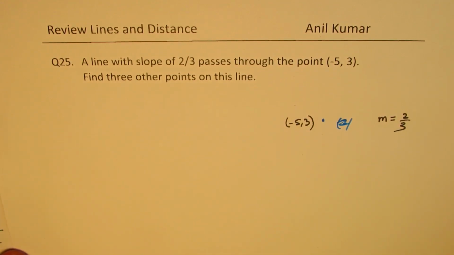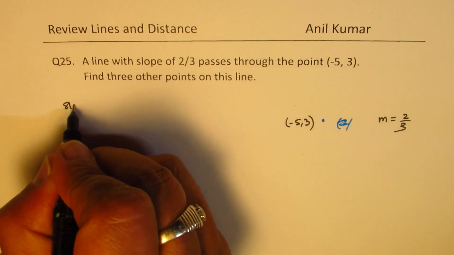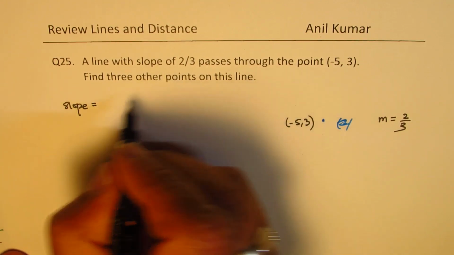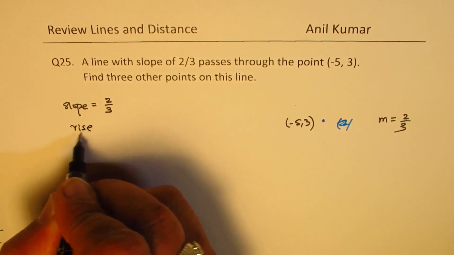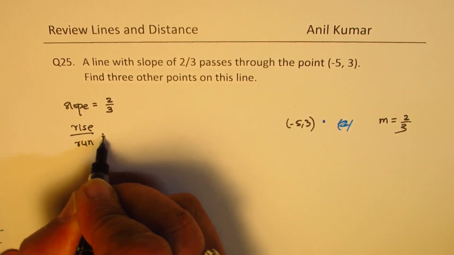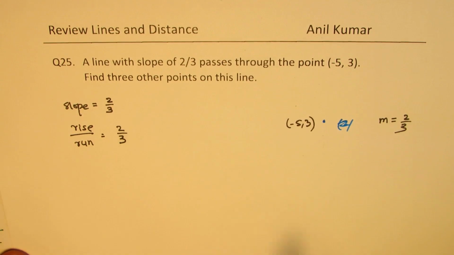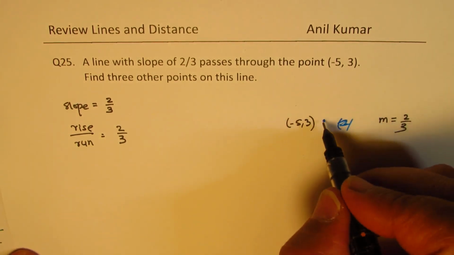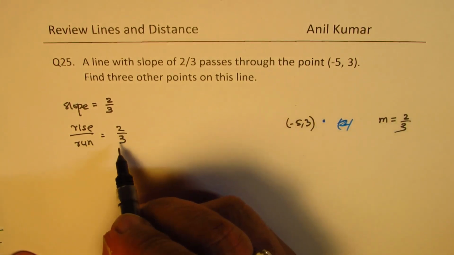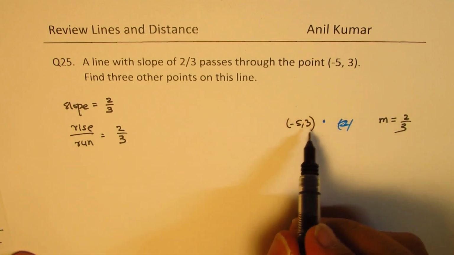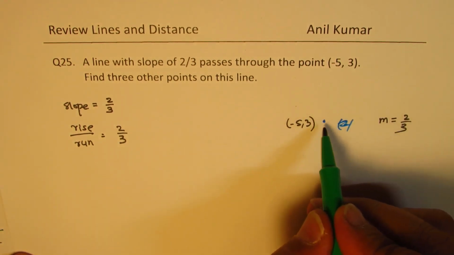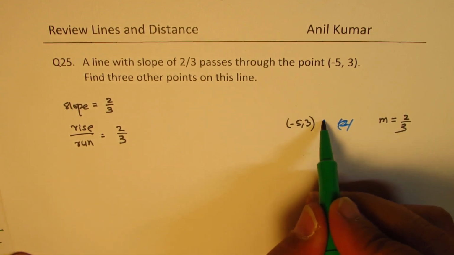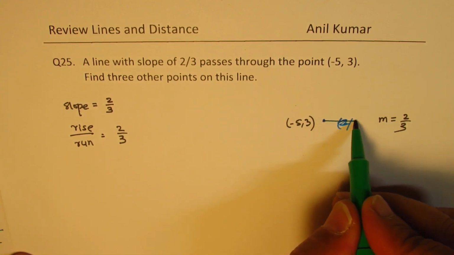Slope basically means what? Let's try to understand this, right? So slope equals 2 over 3. That means rise over run is 2 over 3. Correct? So from this point we could go, this is rise and run. So first value is x value. So from here we could go 3 units right and 2 up.